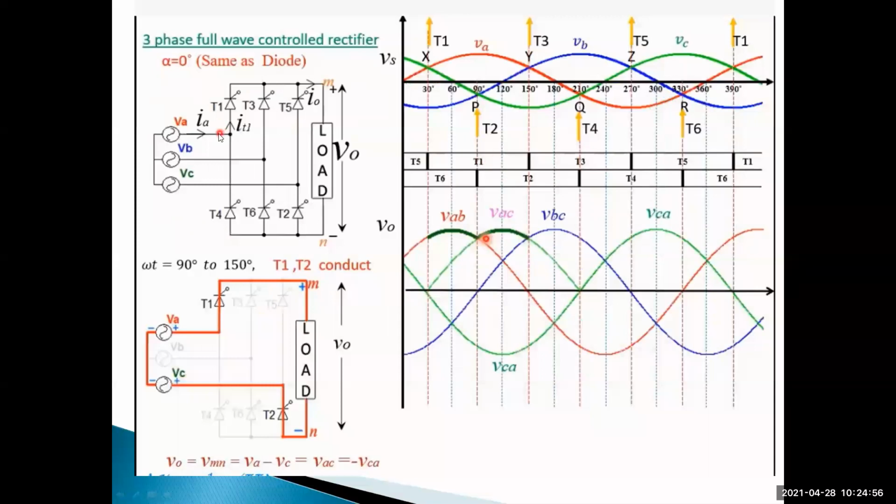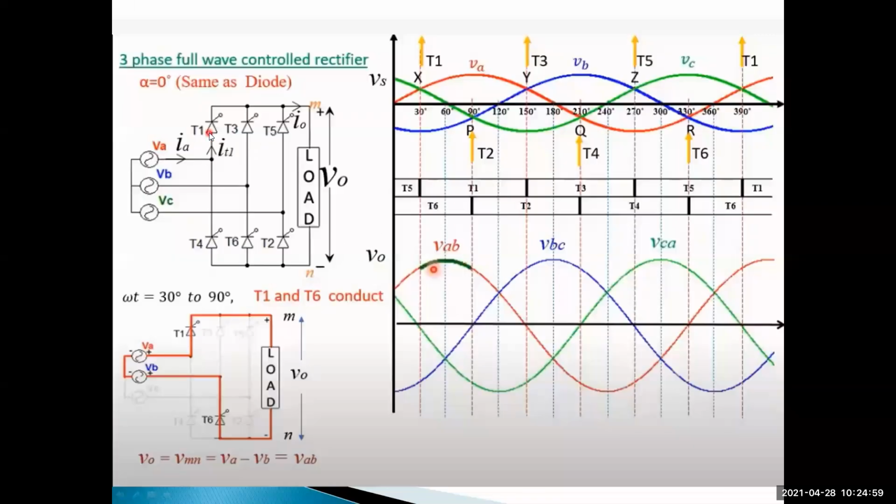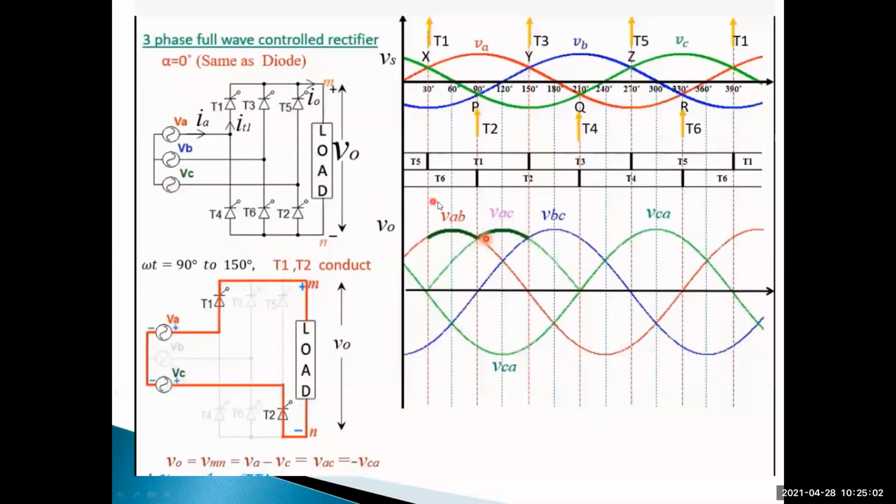Thyristor T1 shares the conduction duration with T6 and with T2. Here, for this duration, T1 shares with T6, and here the thyristor T2 is sharing the conduction duration. So 60 to 90 is 30 degrees.